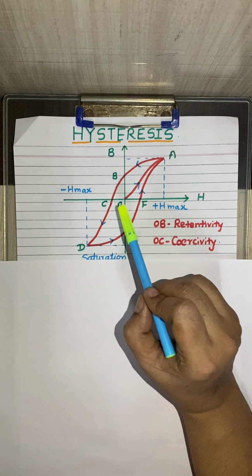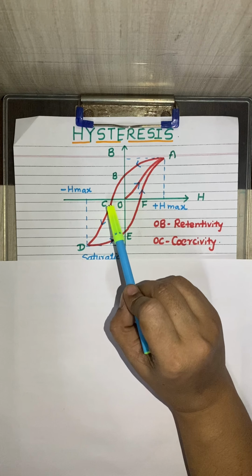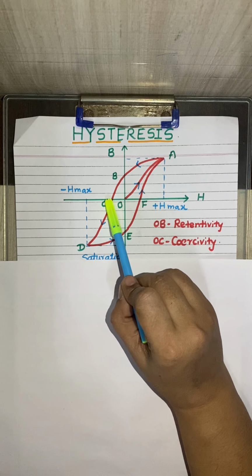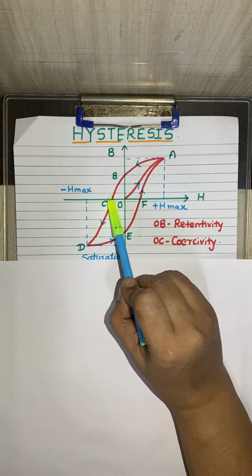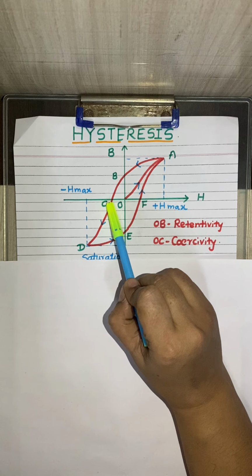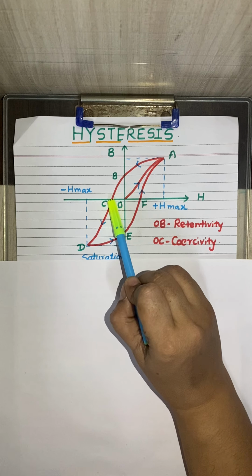So if we reverse the current in the electromagnet, that is the solenoid, and slowly increase the magnetizing field in the reverse direction, then the magnetic induction B automatically goes on decreasing, because due to the impact of the reverse magnetizing field, that particular material starts reducing its magnetic induction.